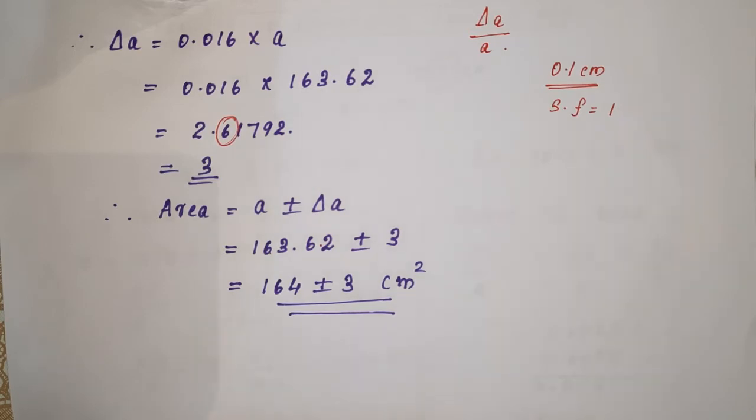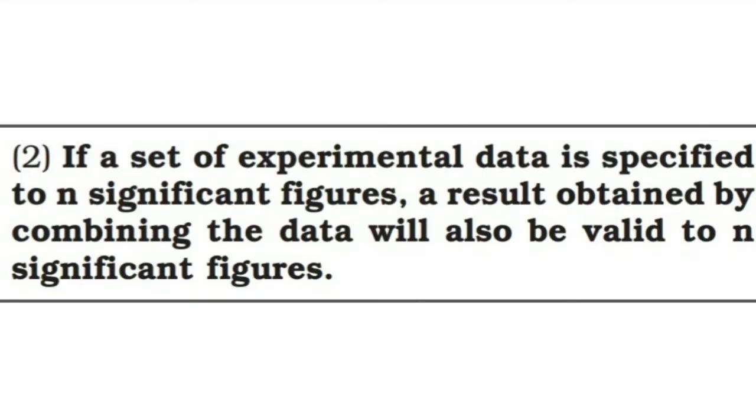What you have to keep in mind are the rules we have already discussed. The second rule is this: if a set of experimental data is specified to n significant figures, a result obtained by combining the data will also be valid to n significant figures. This is applicable when we find the mean and so on. We already applied this rule in error analysis, where 5 or 6 sets of values were given and we found the average, rounding it to the same number of significant figures.